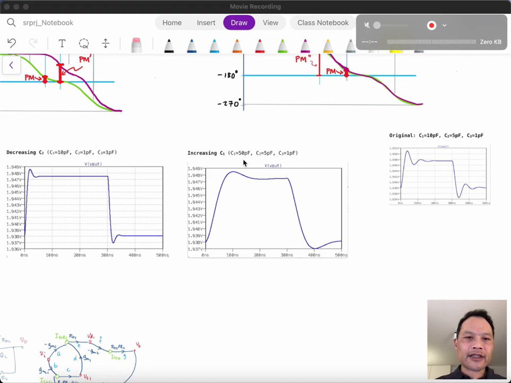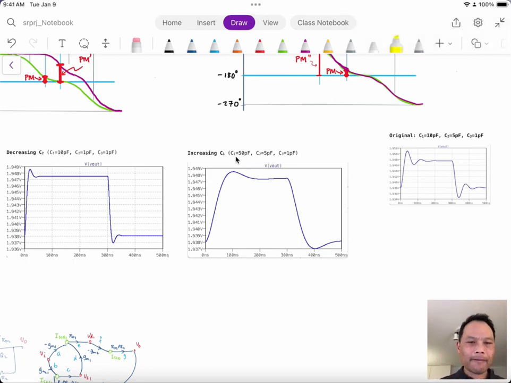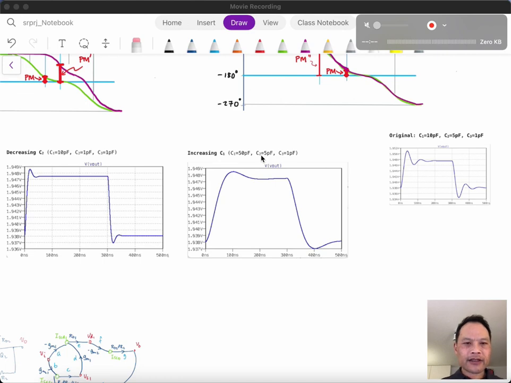in which case your design freedom as a designer would be to increase capacitor C1. You're keeping this fixed. Increasing capacitor C1, as you can see in comparison, is a slower response, so it takes a longer time to settle, but nonetheless, it still settles within the 300 nanoseconds that we've given it.